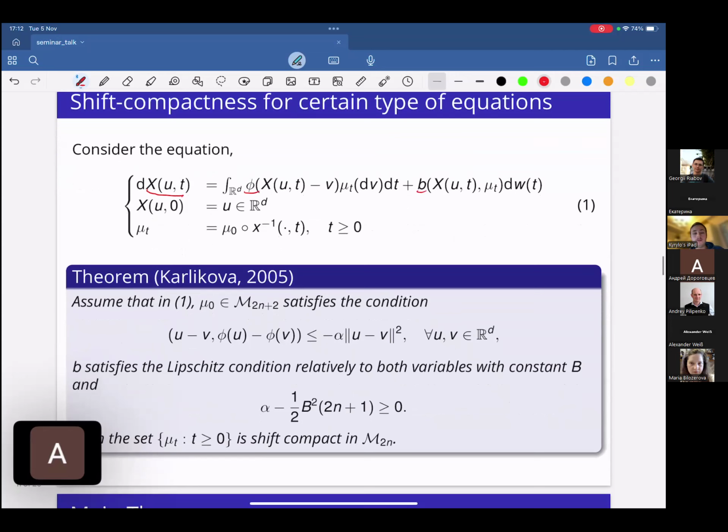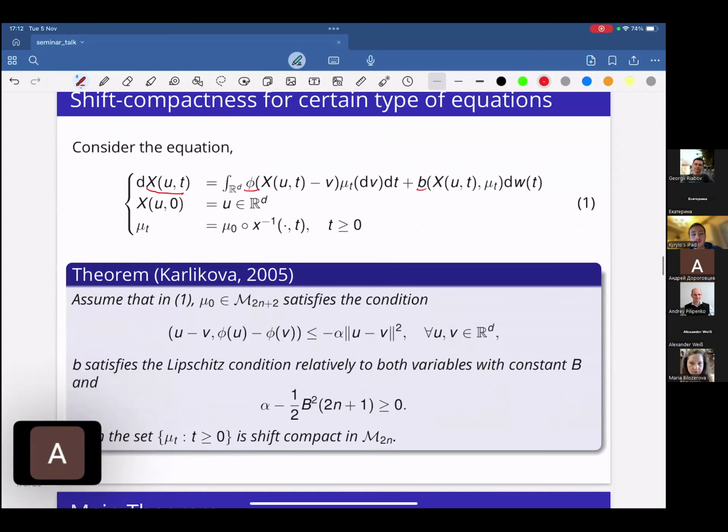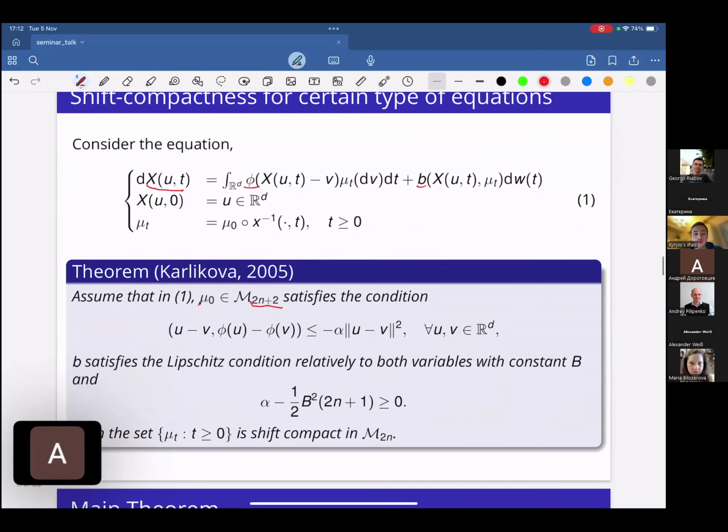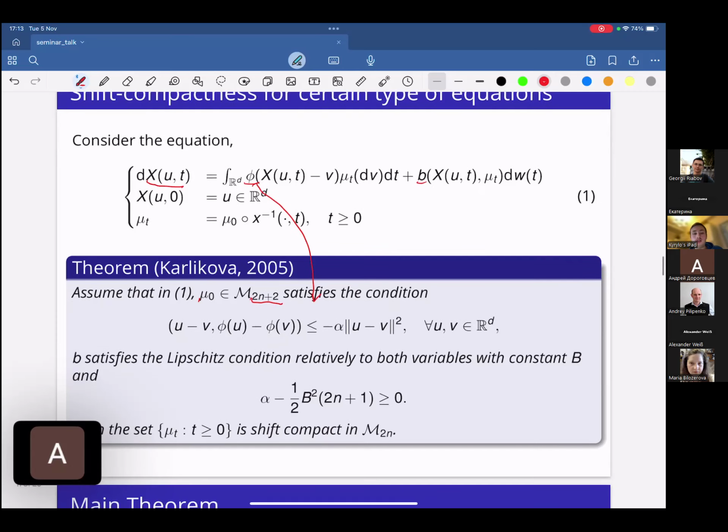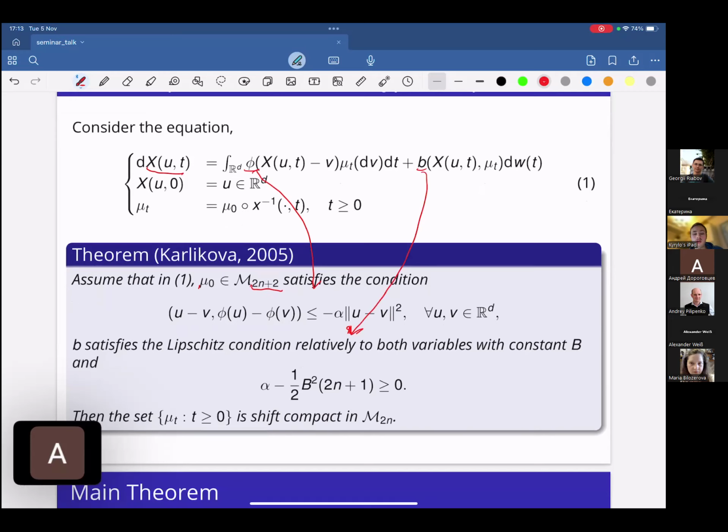If we consider some measure mu0 with such a finite moment, and our function phi has such restriction that the scalar product of u minus v and phi u minus phi v is less than or equal to minus alpha times the norm of u minus v, and b satisfies the Lipschitz condition, then such inequality holds true.